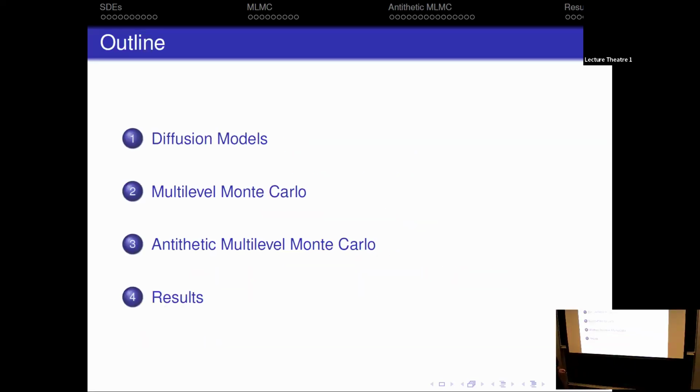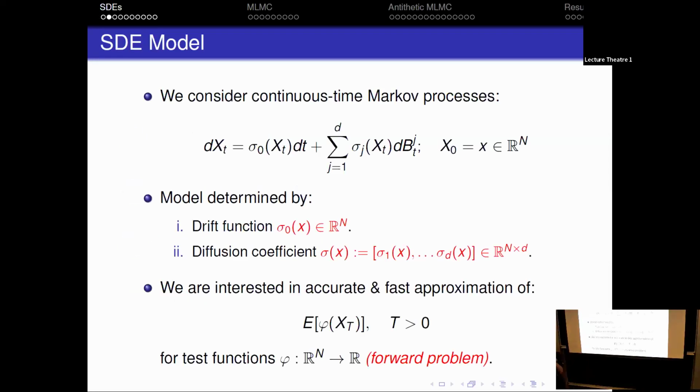All right, so let me say a couple of things first about SDEs, just to provide some context. This is the type of models I will be talking about. There is a drift function here and a number of Brownian motions. There's a diffusion coefficient.